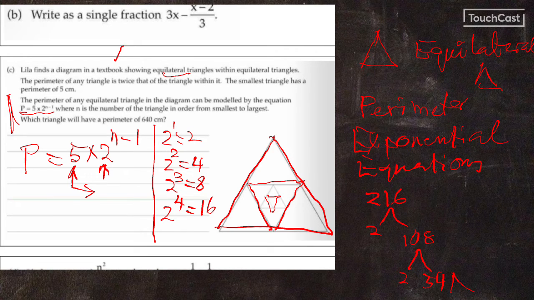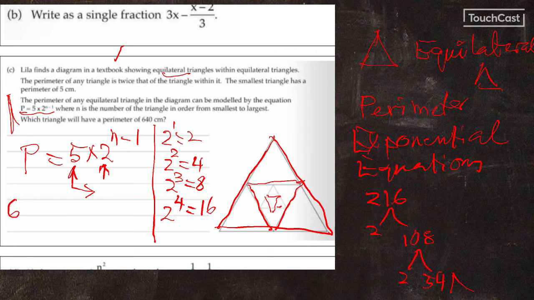Now let's get back to this equation. It says when n is the number of triangles in order, from smallest to largest, which triangle will have a perimeter of 640 centimeters?